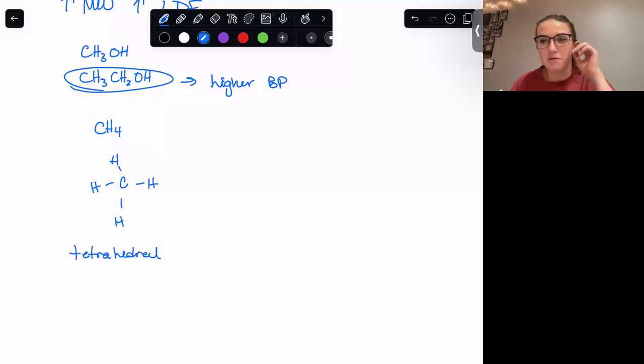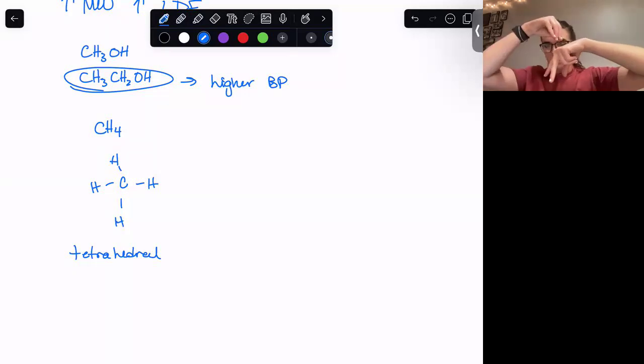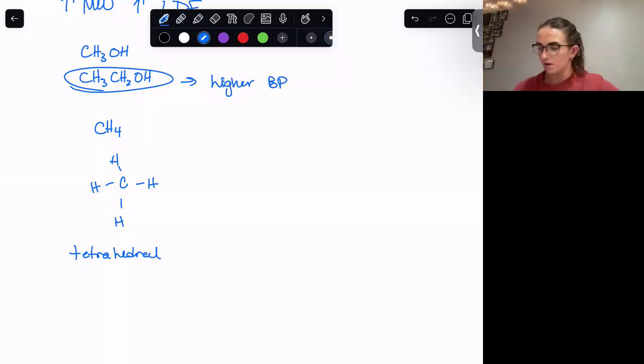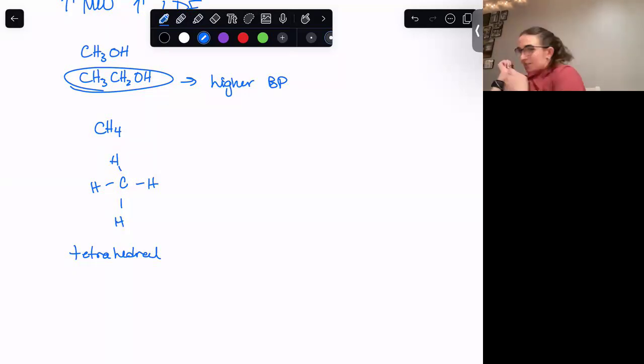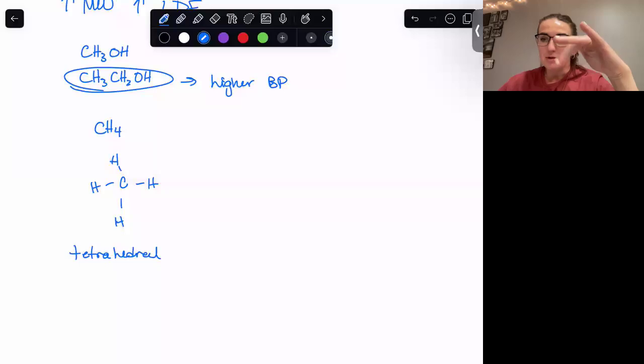Right, and I said in my review session on Wednesday that I think of tetrahedral as a tripod, your 3 legs, and then with a phone on top, so you have your 3 in 1. 2 of them will be in the plane, and then, excuse me, one will be coming out from you and one will be coming towards you.